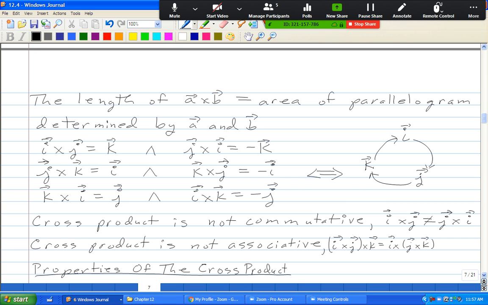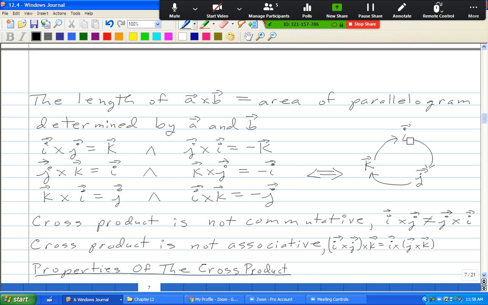It's not associative, is what I do know. Let me see here, one second. Okay, so this is going to be I cross J, which is K, cross K, which is 0, and J cross K is I. That'll give you 0 too. Okay, so let's not do that one.